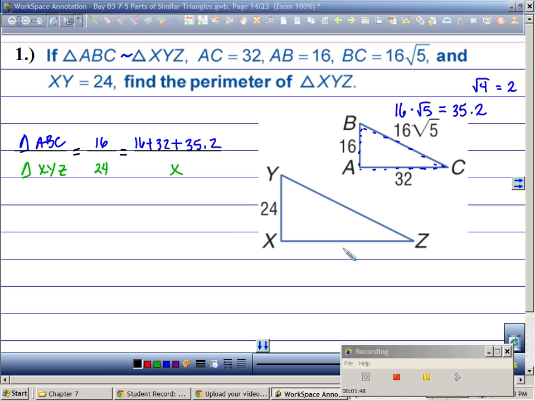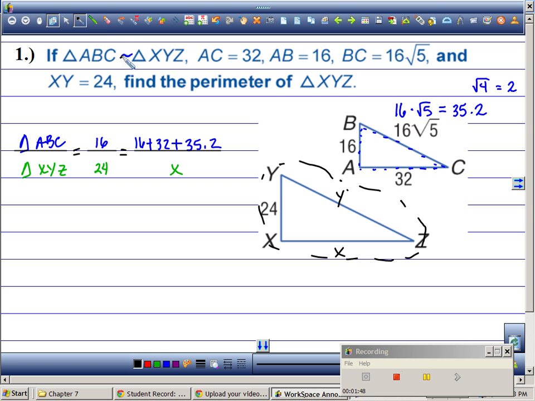No, because we don't know this side, and we don't know this side, but I don't want to deal with multiple variables, so I'm just going to say I don't know how far it is around this figure, so I'm going to put x. The only comparison we're making, James, is between this side and this side because that's our scale factor. Because they already told us that it's similar, therefore I know that this side is compared to that side. Okay? Well, before I do all of this mess, I'm going to simplify.